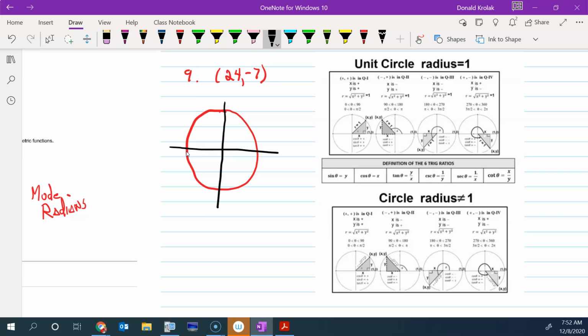All right, and 24, -7, that is going to be in the 4th quadrant, because X is positive, Y is negative. So I'm just going to pick a point in the 4th quadrant, and my angle opens like that. And that has the point 24, -7. So you sketch that.